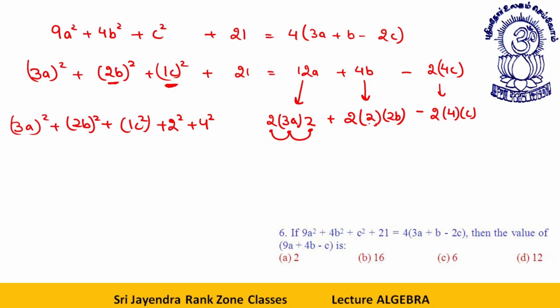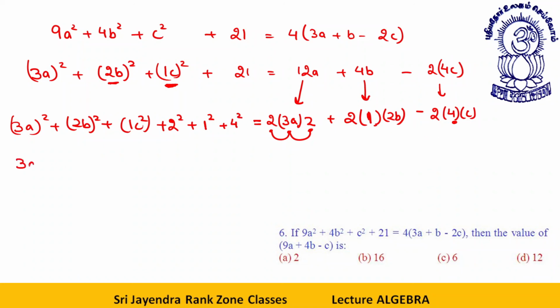Then with b, this is 2 into 1 into 2b, 4b. Then with b we have 1 square. And with c, we have 4, that is 2 into 4 into c.